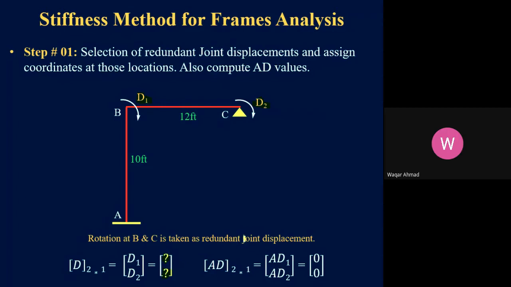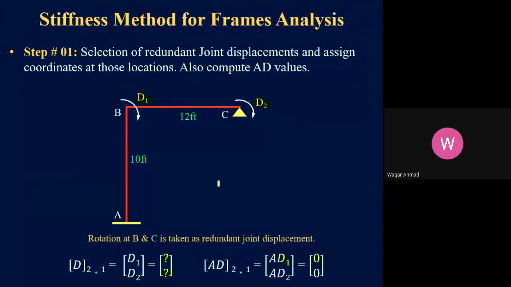Now, what are the values of the AD matrix? What is AD1? AD1 is the external action corresponding to D1. Now, where is our D1 acting? Our D1 is acting at this point B. Is there any external moment acting at this point? No, there is no external moment acting at this point. It means the AD1 value is 0.